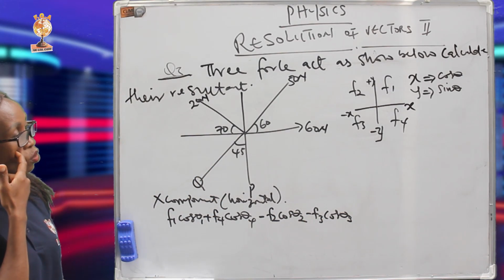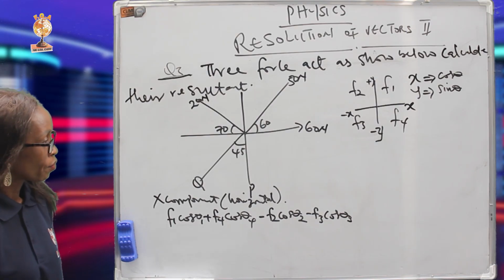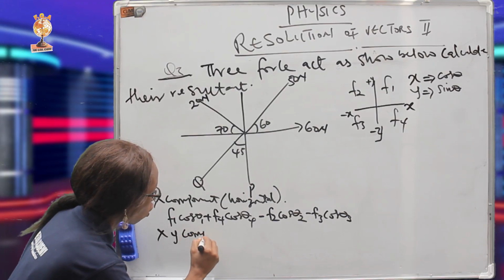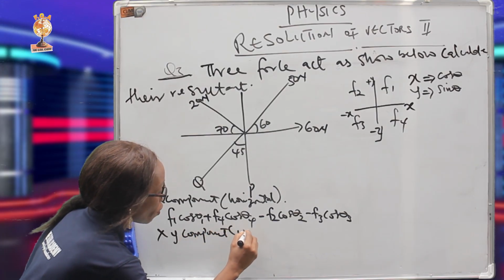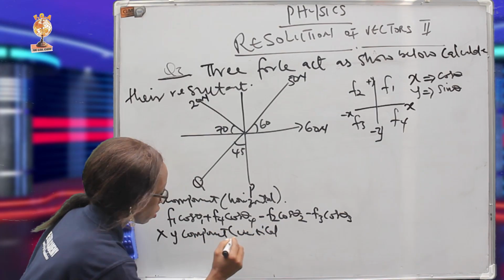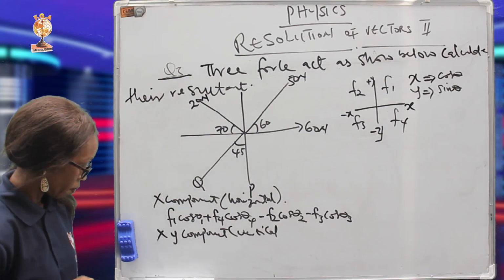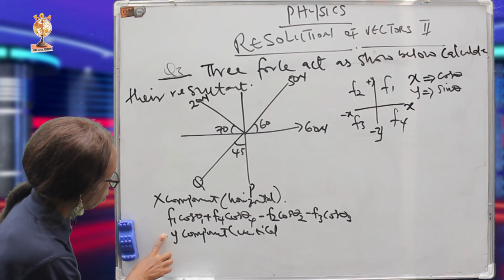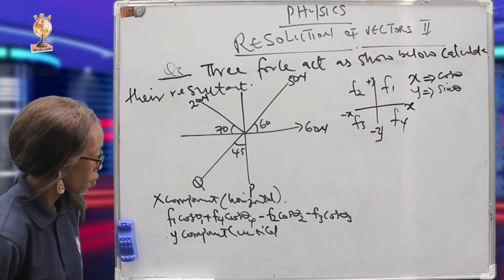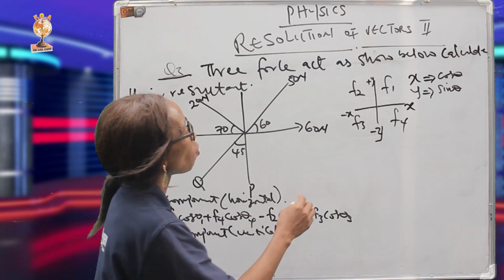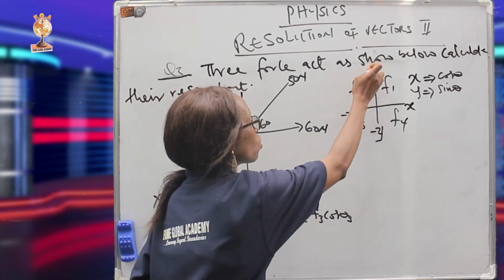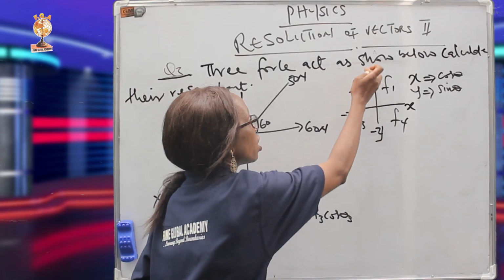Now let's go over to the Y coordinates, the Y component, which is vertical. In the Y coordinates, I have positive Y, I have 1 and 2. 1 and 2 are on the positive Y side.